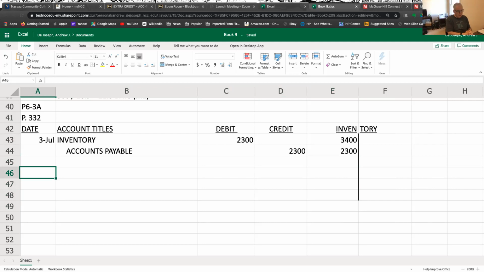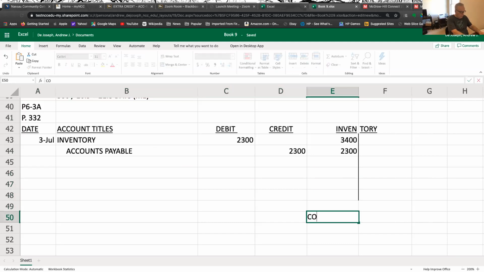Certain things I'm going to keep track of, certain things I'm not going to bother. But since I have to do that income statement up through gross profit, it's a good idea to keep track of certain things. So inventory is one, cost of goods sold is another.